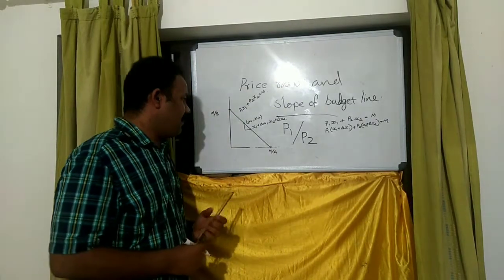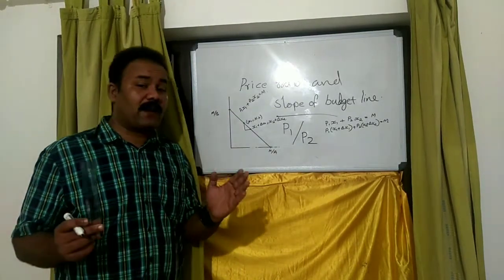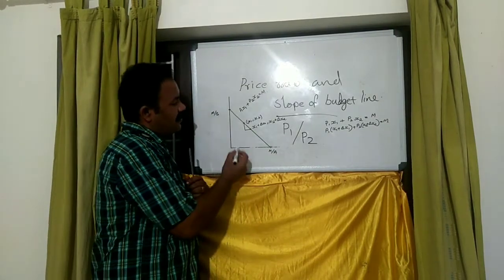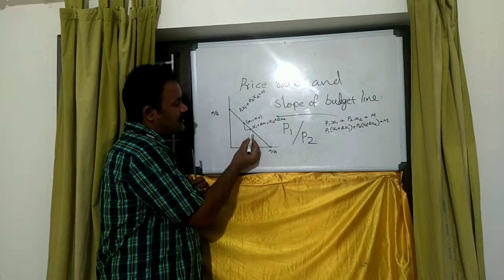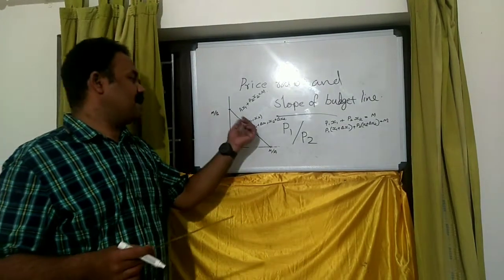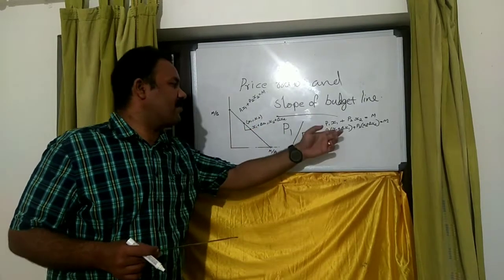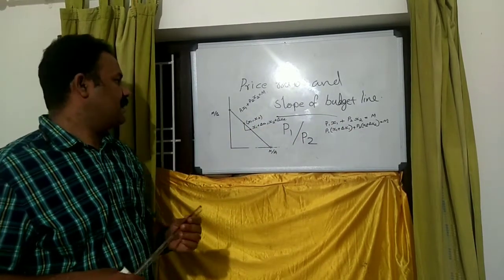Then here we want to find out the slope. So we are taking the movement from this point to this one. At that time there is a change in x1, that we are including in this equation by using delta x1.